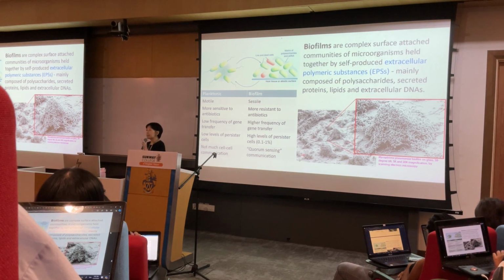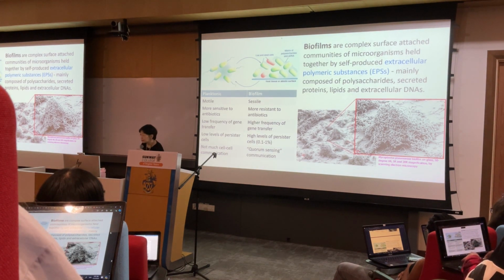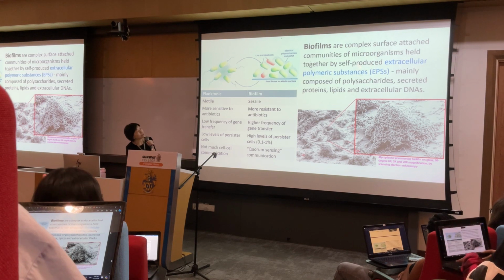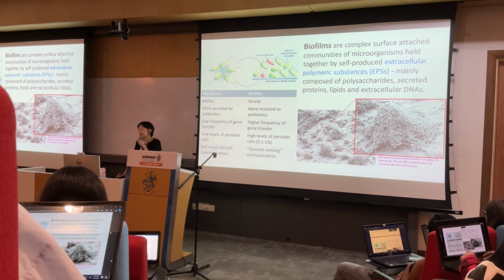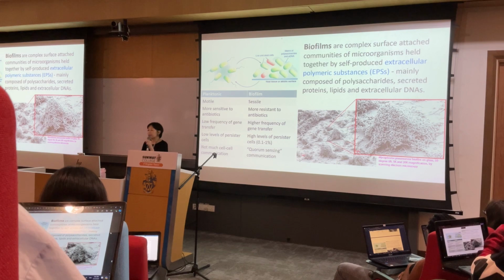A colony is very simple, but a biofilm could start from a colony and then slightly develop into a biofilm. Because in the biofilm, they found there is a lot of so-called, this is something you need to remember, extracellular polymeric substance, EPS. So you need to remember, the biofilm contains this.